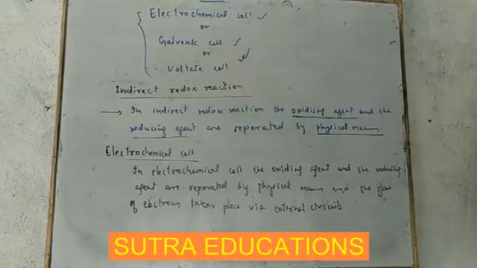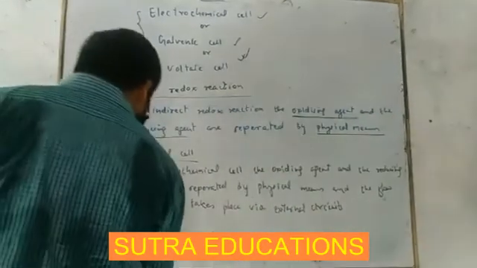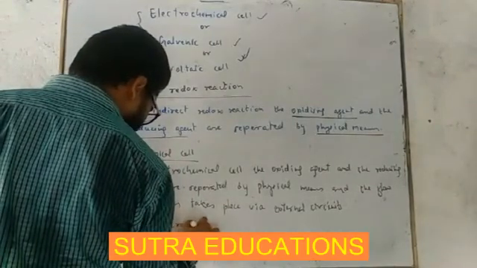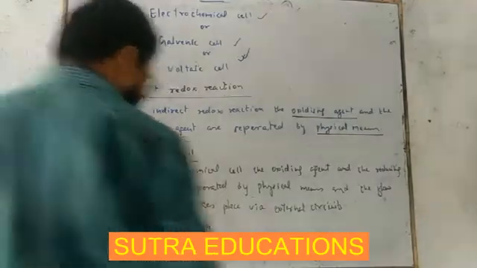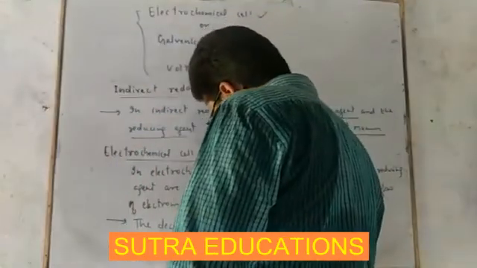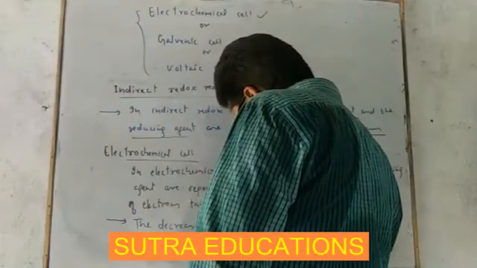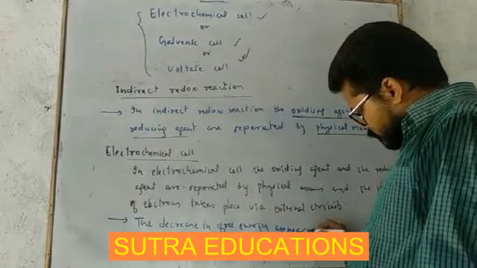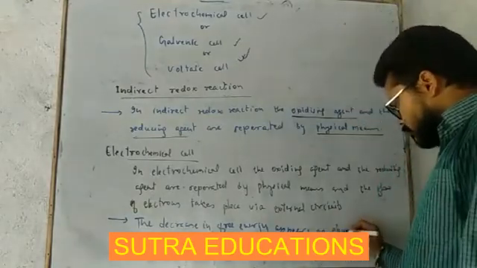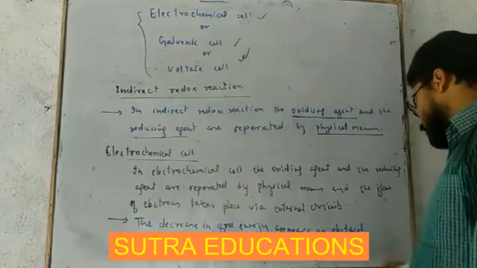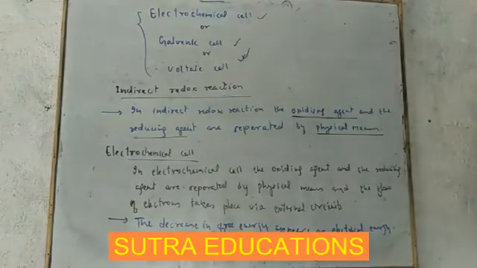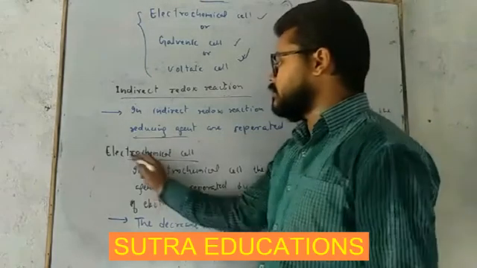And the decrease in free energy appears as electrical energy. Getting this? The decrease in free energy appears as electrical energy. Okay, this is what an electrochemical cell is.